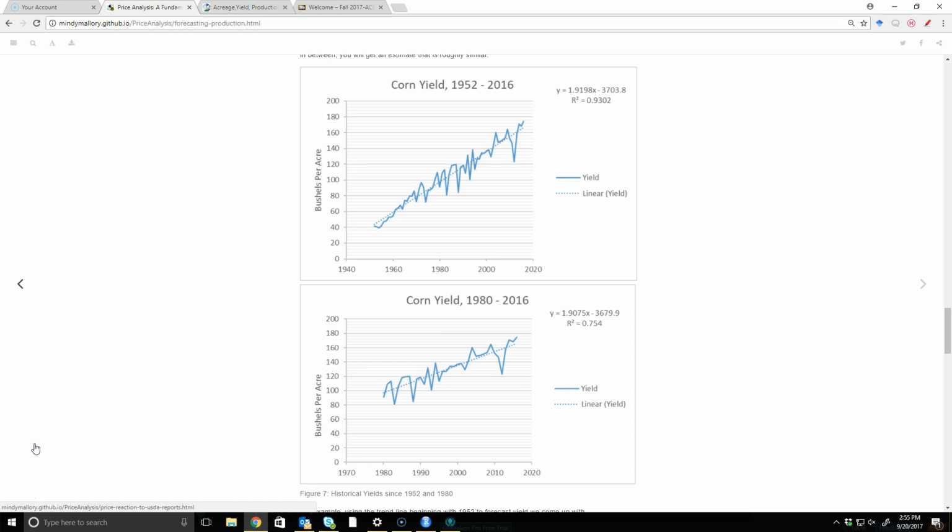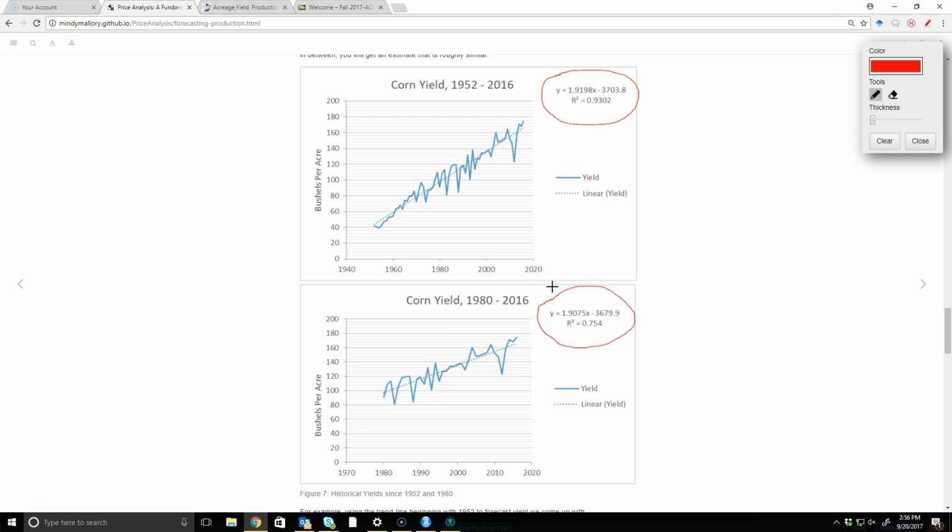To illustrate this point, I've plotted the yield realizations in two graphs. The first one on top is from 1952 to 2016, and then I put a trend line through that and got this equation here. And then I broke the sample much more recently in 1980 and put a trend line through that.